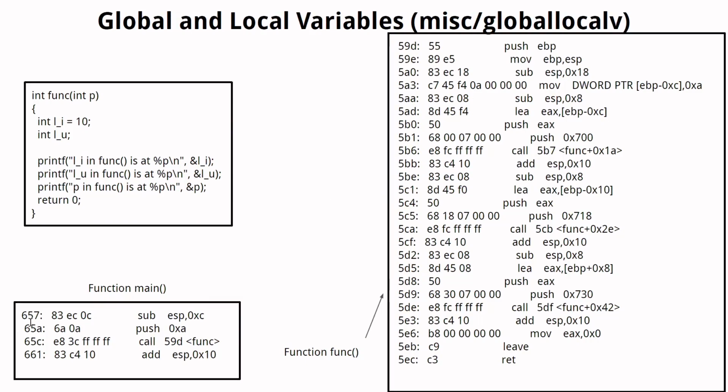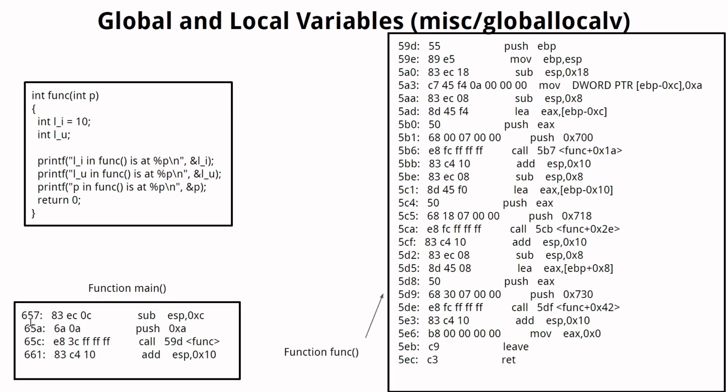So main function is a caller, func is a callee. The caller needs to send the parameter 10 to the callee. And we said in a calling convention, we're going to use the stack to do that. And it is the caller's job to push the parameter onto the stack. In this case, there is only one parameter, which is 10 in decimal.